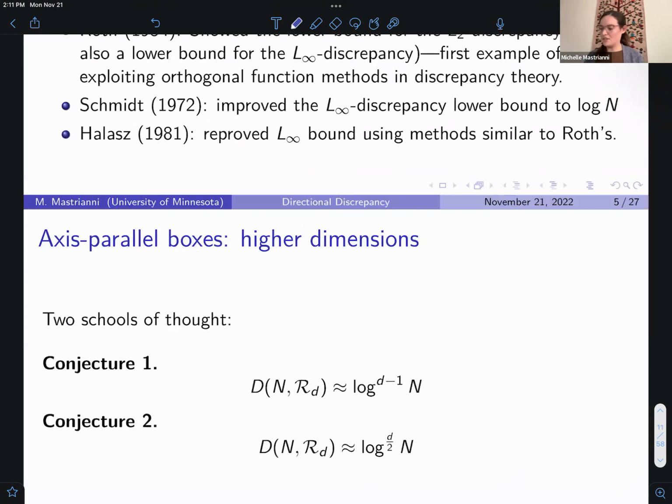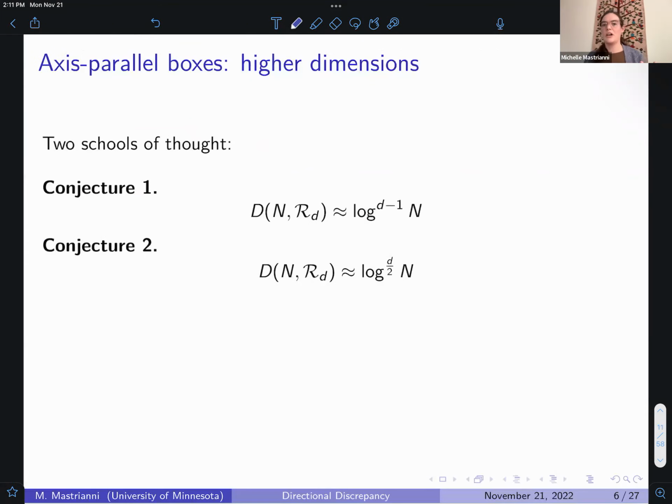In higher dimensions, this is probably the most intriguing open problem in all of discrepancy theory: what the precise order of the log is in higher dimensions with respect to axis parallel boxes. So there are 2 schools of thought. The first conjecture is that the true discrepancy is log to the d-1.